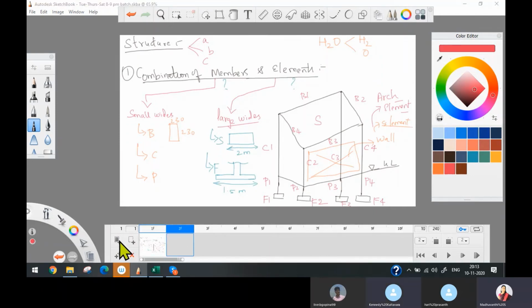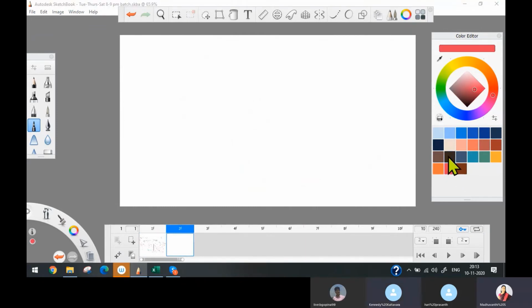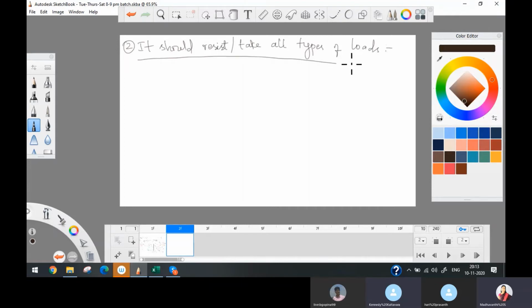The second definition for a structure is: it should resist or take all types of load. Generally in a building there will be multiple loads acting.